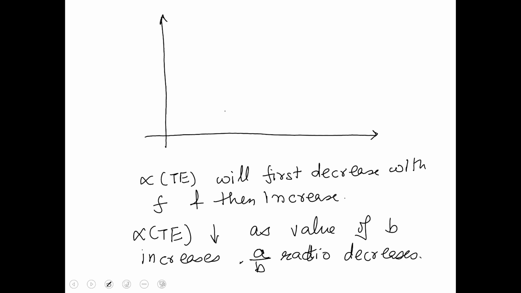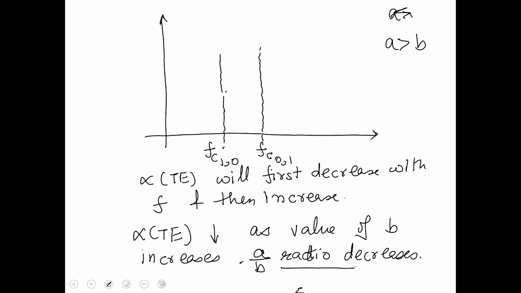So now we have a compromise we have to make. Remember, what does the A by B ratio do? Again, we are assuming A is greater than B. So we know we are going to have a cutoff frequency FC10 here. And then after some time, we are going to have another cutoff frequency, which is FC01.